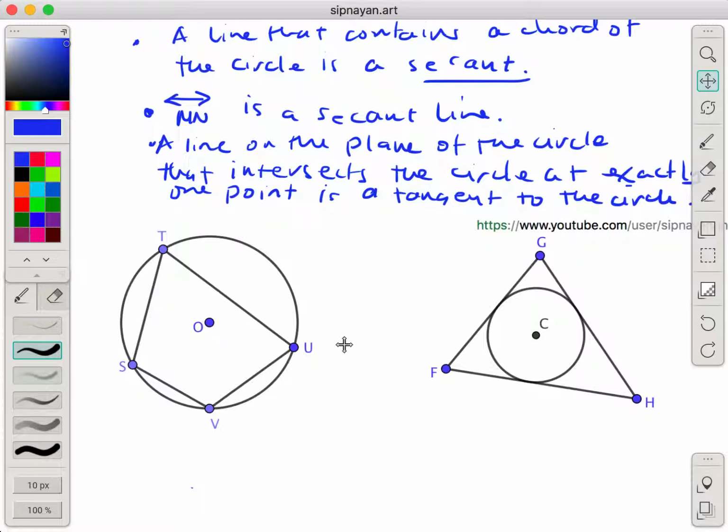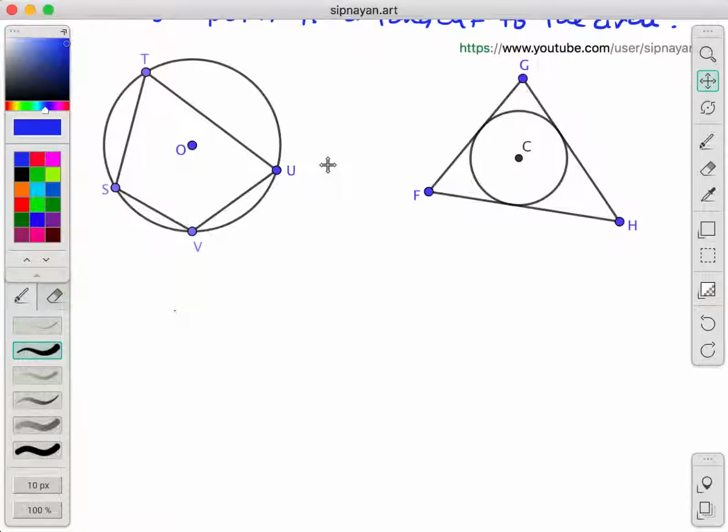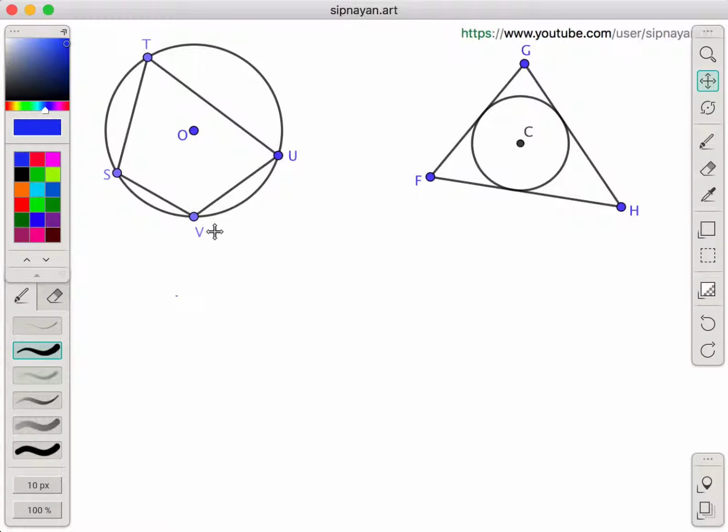And here we have two more terms, about the relationship of the circle to polygons. If all the vertices of a polygon are on a circle, and the polygon is inside, we call it an inscribed polygon.